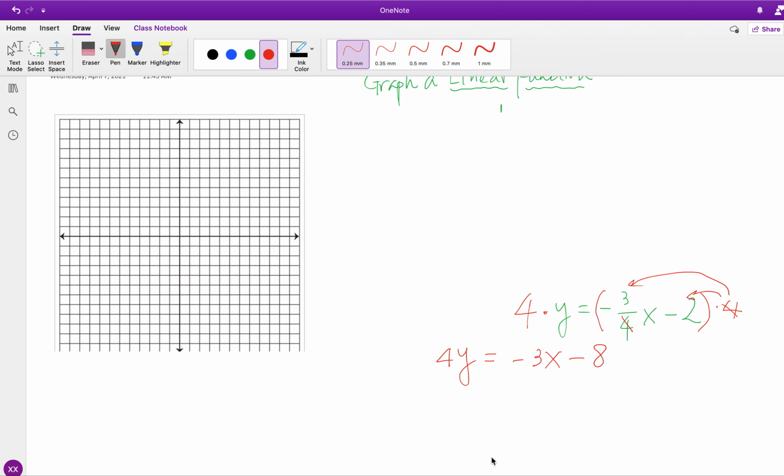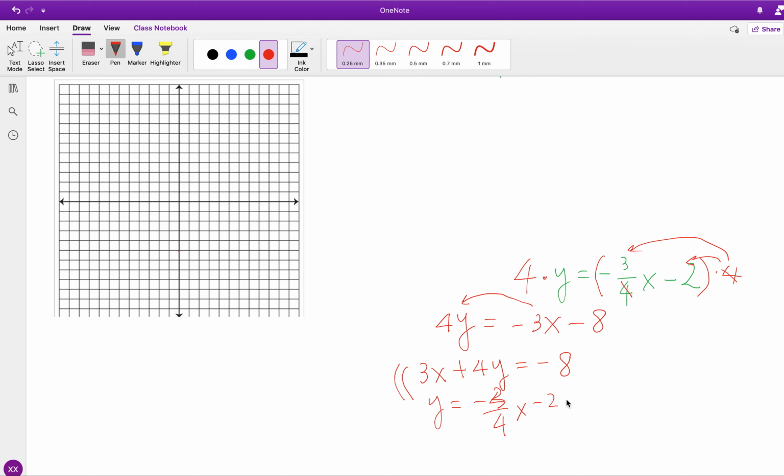Now I'm going to move this negative 3x to this side. So this now becomes positive 3x plus 4y equals negative 8. This equation and our original equation, negative 3 over 4x, subtract 2, are absolutely the same equation, although they look different.